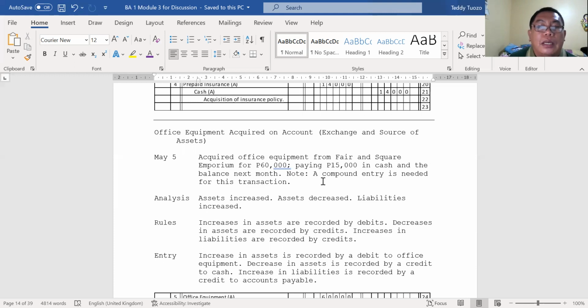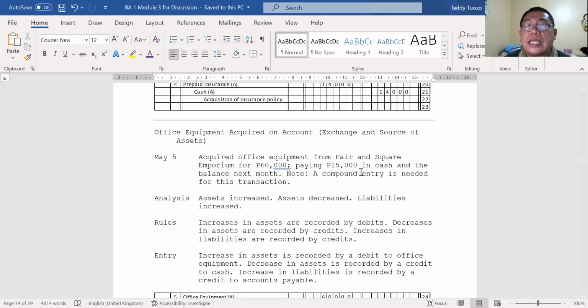So to record, we debit the increase in asset, which is office equipment, for 60,000, and we credit cash for 15,000. Cash decreased in this transaction because you paid in cash.